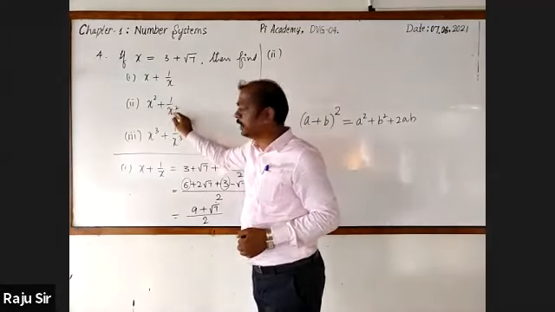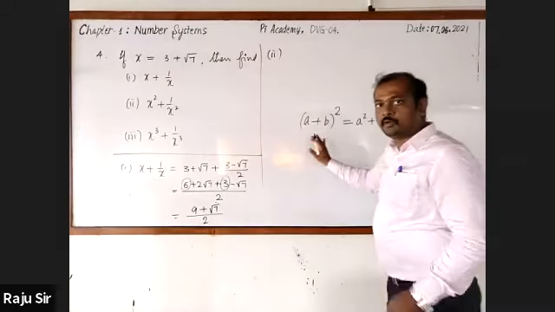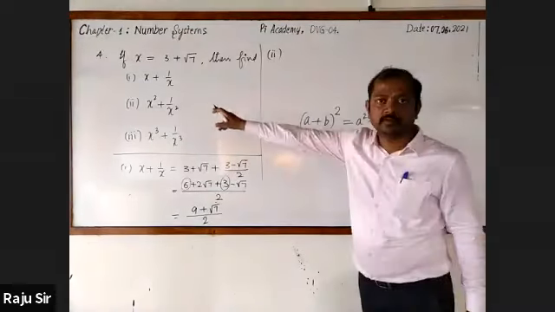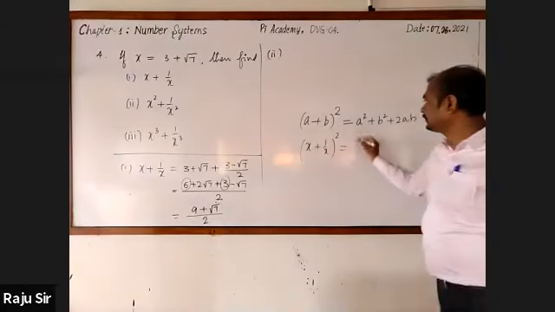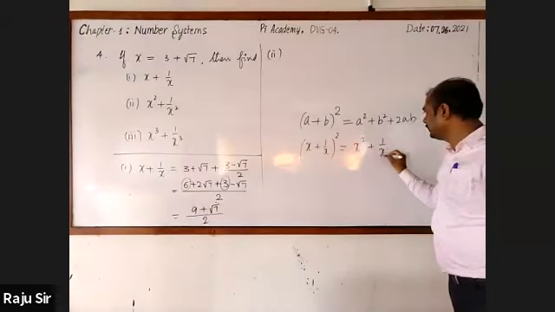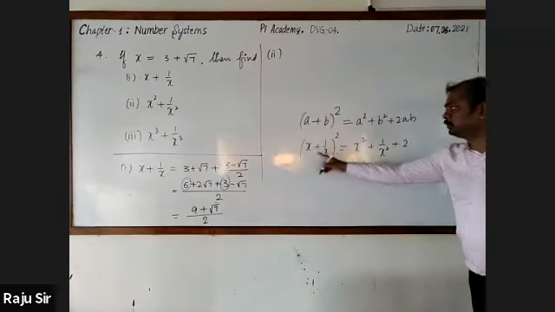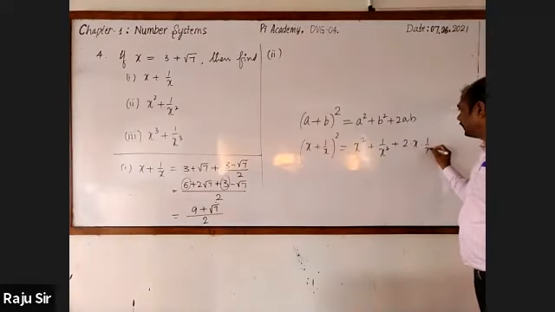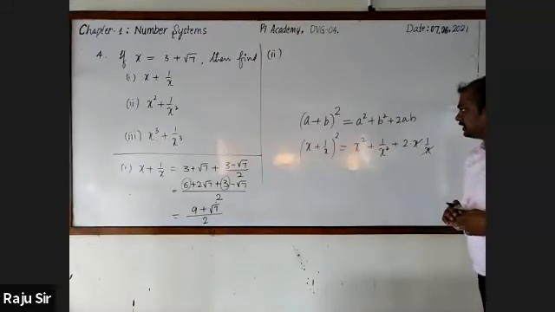In place of b, 1 by x is there. Now, can we write x plus 1 by x whole square is equal to x square plus 1 by x whole square, nothing but 1 by x square, plus 2ab, 2 into x into 1 by x. Did you understand? Yes or no? Yes, sir. X and x get cancelled.